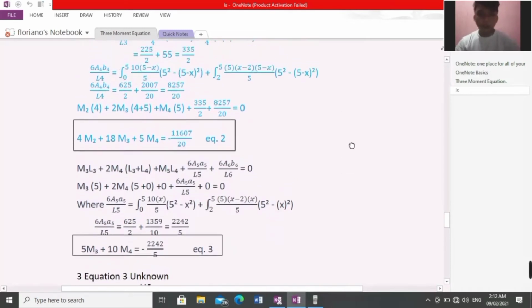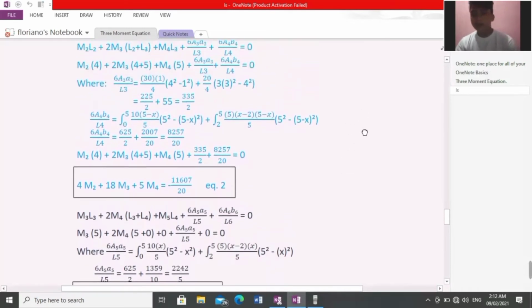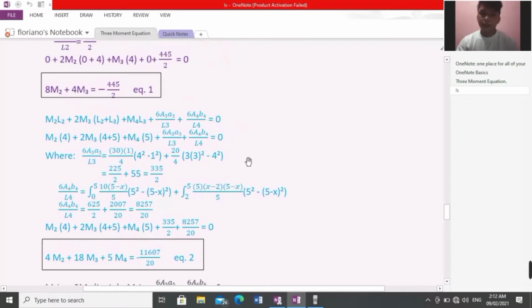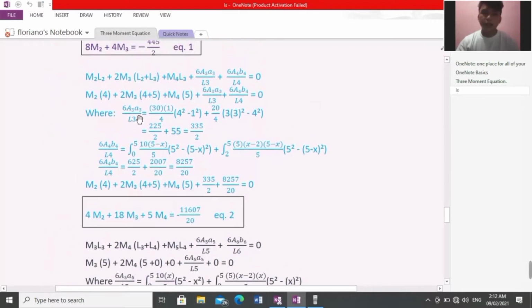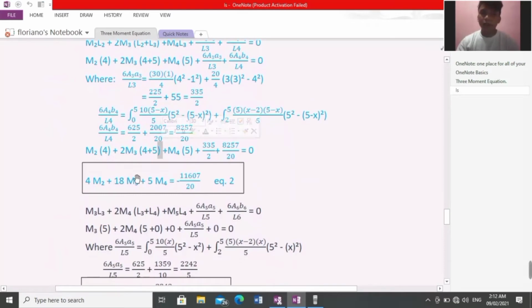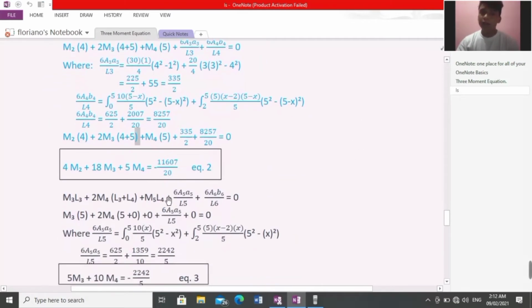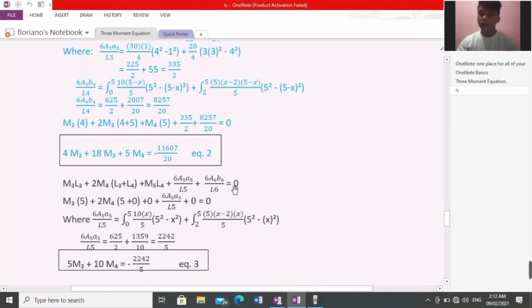So, yung equation 4 naman natin is kapareho lang naman yung ginawa natin dito sa equation 2. So, kung dito naging M2 times L2, dito M3 times L3. Kung dito is M3, dito is M4. Kung dito is M4, dito is M5. Ang gagamitin natin is M5. So, kung dito is 3, 4, dito is 5, 6, para meron tayong identification of the moment factor, para hindi tayo malito.